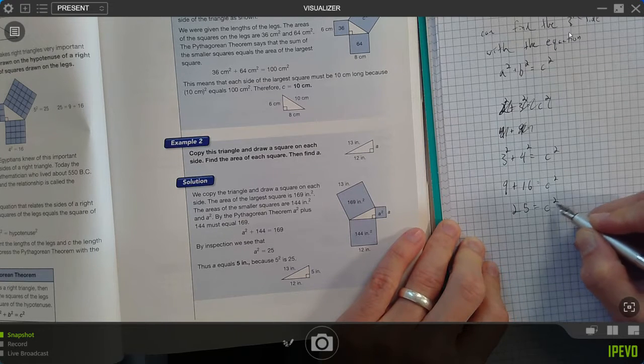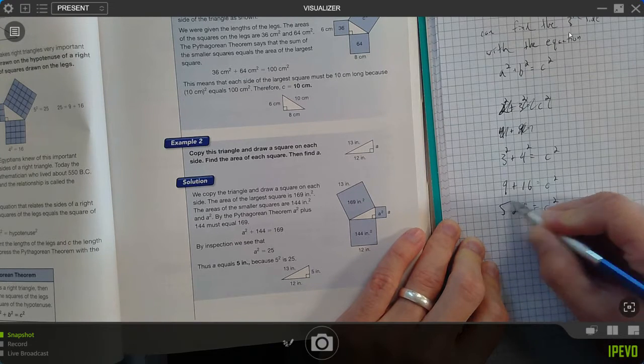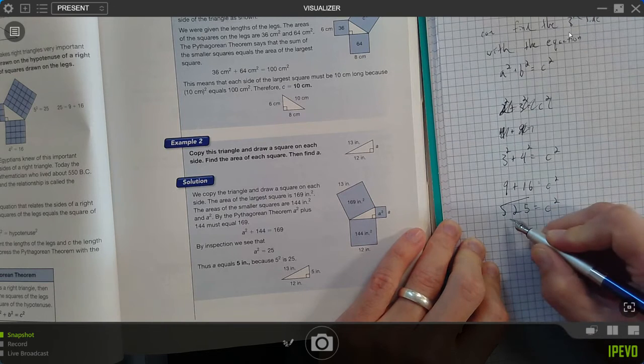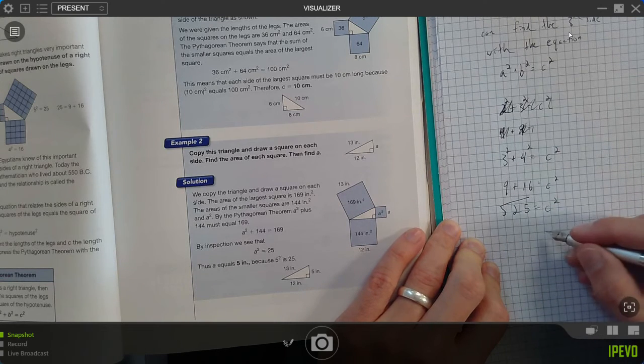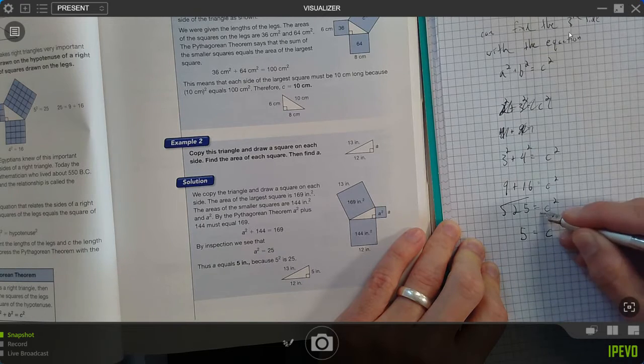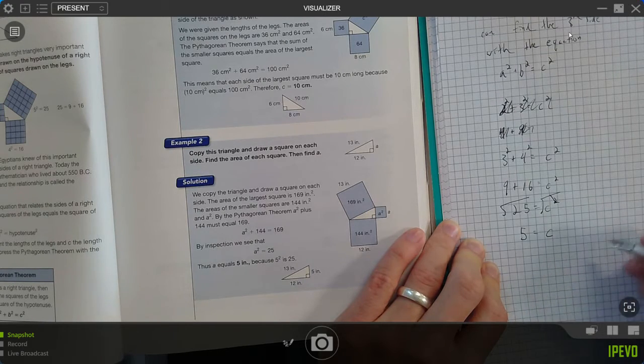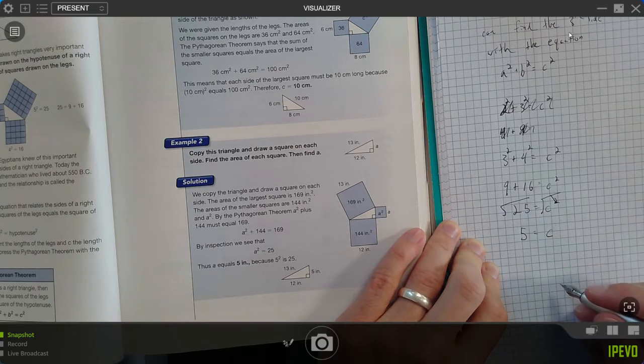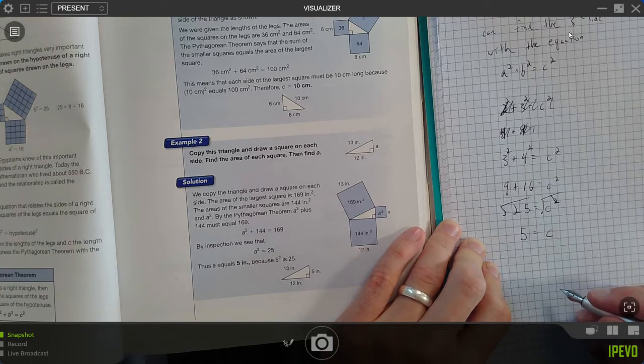To find it out, I'm going to use the square root of 25, which is going to give me c alone. Square root of 25 is 5, so 5 equals c. 5 is my hypotenuse.